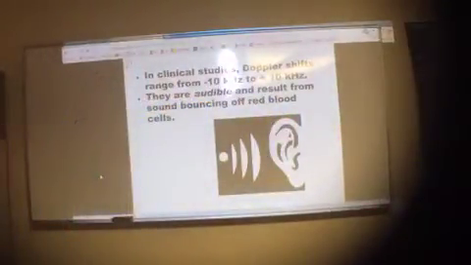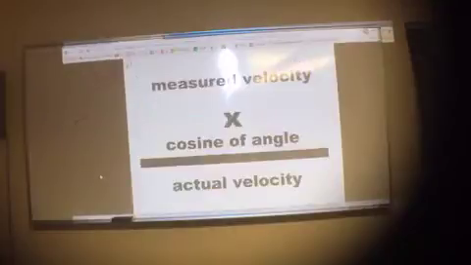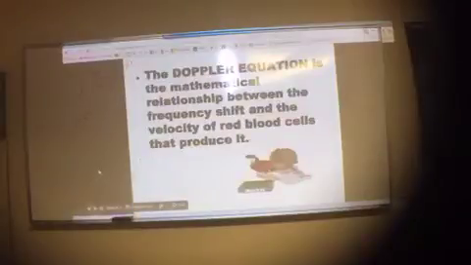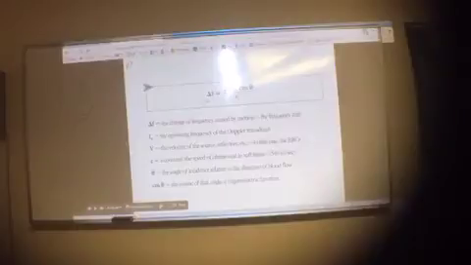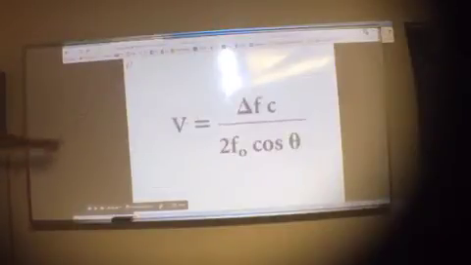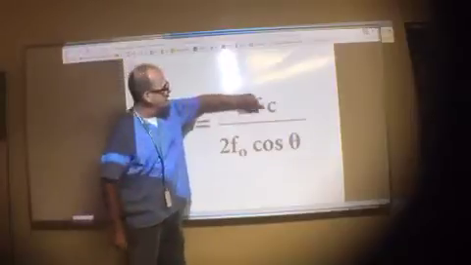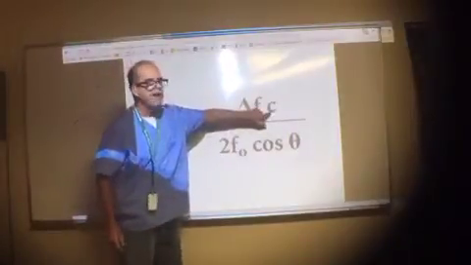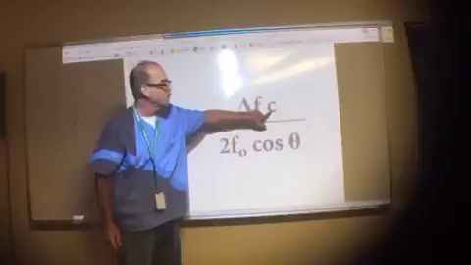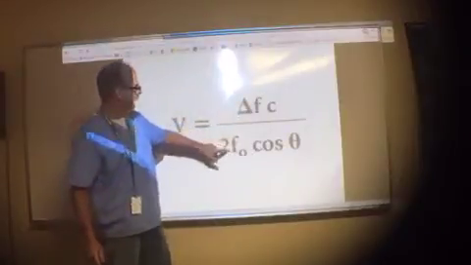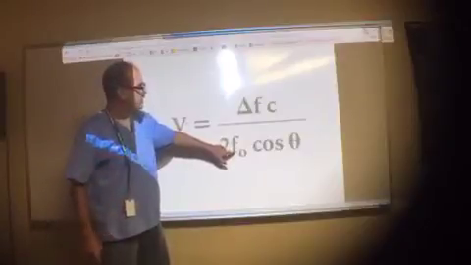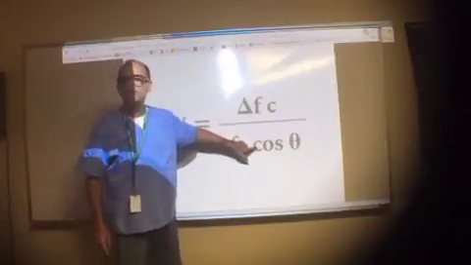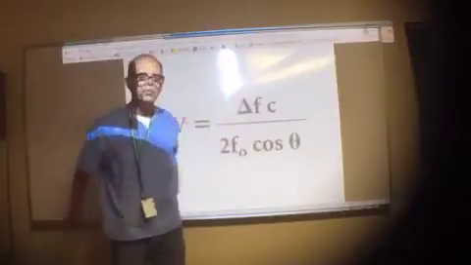This is why, when we are scanning, the machine produces sound. And of course, we measure the velocity. This is the Doppler equation, we are not going to review it, and this is how the machine calculates. The velocity of the blood cell is equal to the Doppler shift multiplied by the velocity of the ultrasound, by 2 because it goes and comes back, times the original frequency, divided by the cosine of the angle that you put.